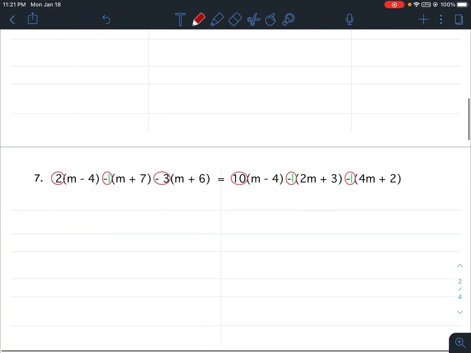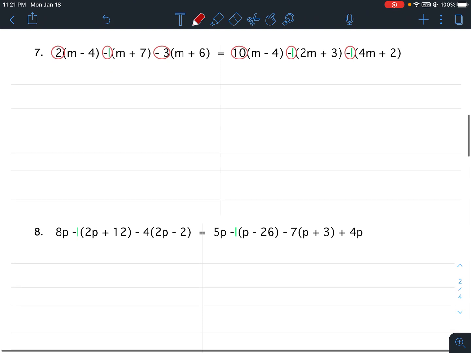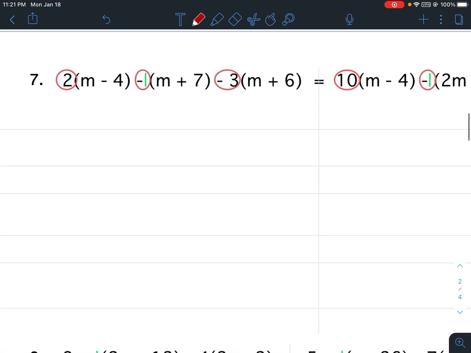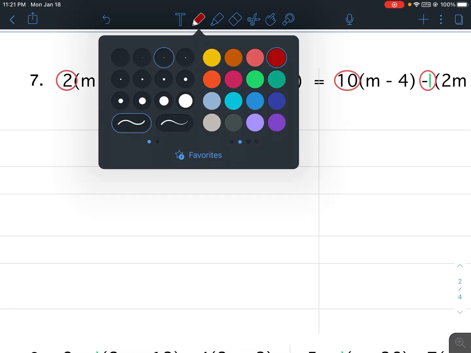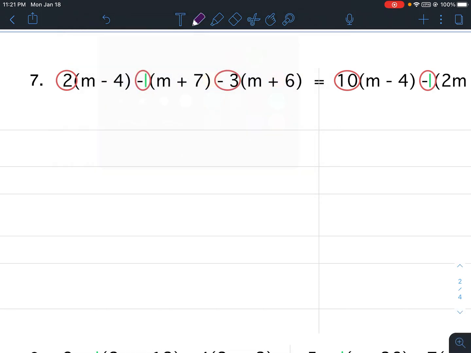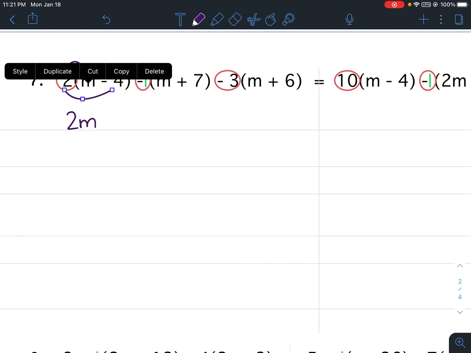All right. Let's go on to number 7. Number 7, I'm going to start by doing the distributive property. So I'm going to take 2 times m to get 2m, 2 times -4 to get -8.